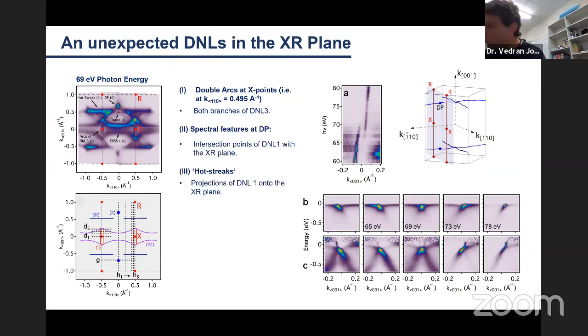And then third, we find the hot streaks, which mark the projections of DNL1 onto the XR plane, and their intersection with the XR Brillouin zone boundary marks these hotspot features in the Fermi surface, which I've labeled on top left, and they claim to be responsible for this magnetic instability. And lastly, we find the prominent arcs spanning in between these in Dirac nodal line 3, and they're the signatures of the flat band surface state.